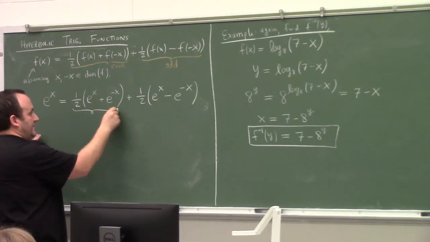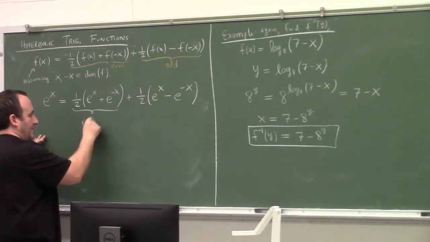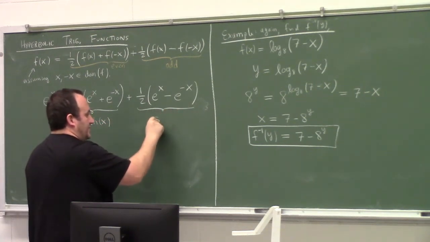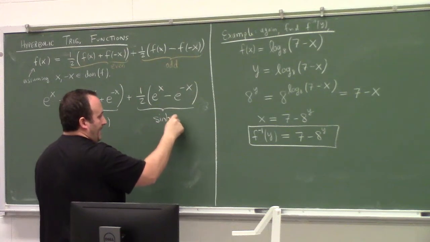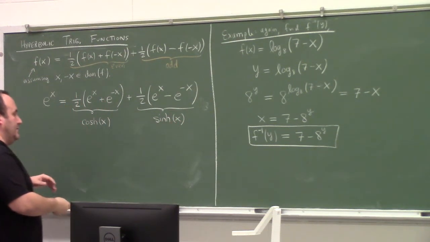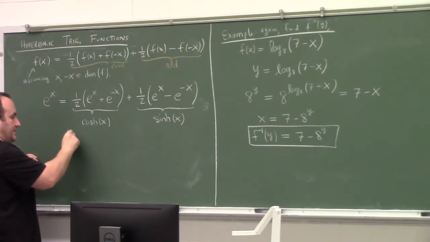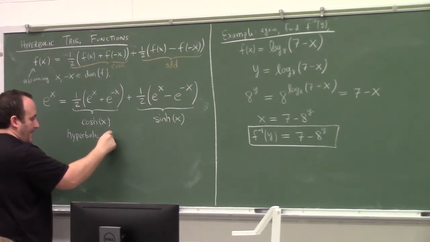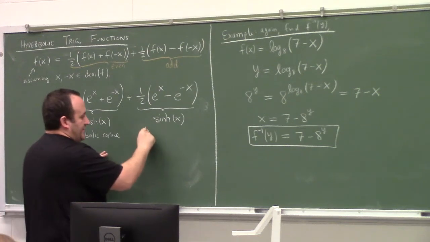This one is called cosh of x. This one over here is called sinh. This is the hyperbolic cosine. This is the hyperbolic sine.